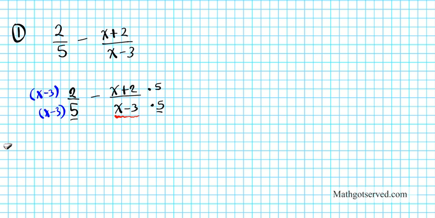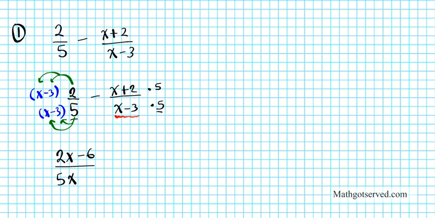Okay, so now what we're going to do is distribute this 2 to both terms in the numerator, and in the denominator we're going to distribute this 5 to both terms. On the left side, distribution will yield 2 times x, 2x. 2 times negative 3 is minus 6. Divided by 5 times x is 5x.